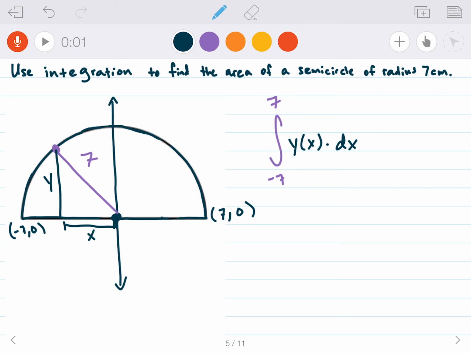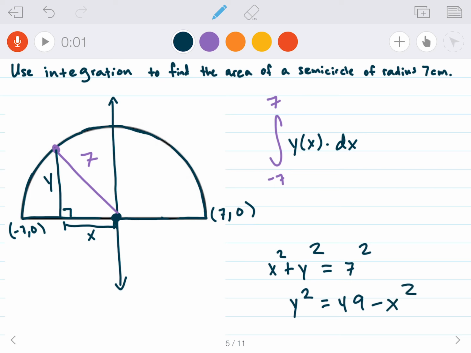So how do we establish a relationship between 7, x, and y? Well, we can use the Pythagorean theorem. This is a right triangle, so x squared plus y squared is equal to 7 squared. So y squared is equal to 49 minus x squared when we move everything over to the right side.